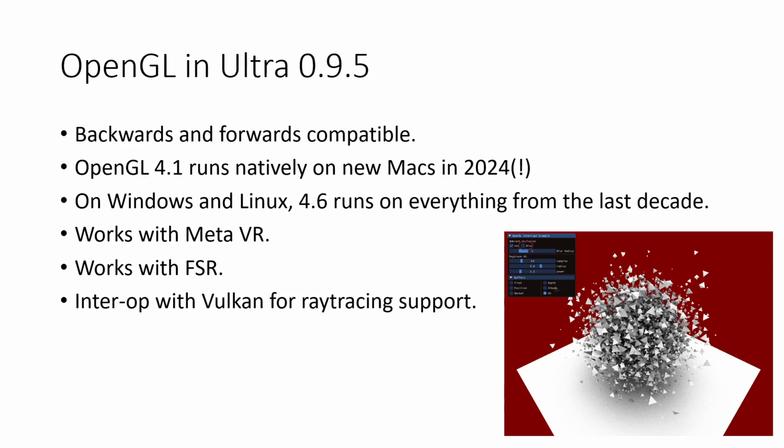OpenGL works with Meta VR. There's an implementation of AMD's FSR for OpenGL. And this I just found out a few days ago: you can actually do ray tracing with OpenGL. There is some support for interoperability between Vulkan and OpenGL, so you can use Vulkan for the ray tracing stuff and then make it talk to OpenGL.